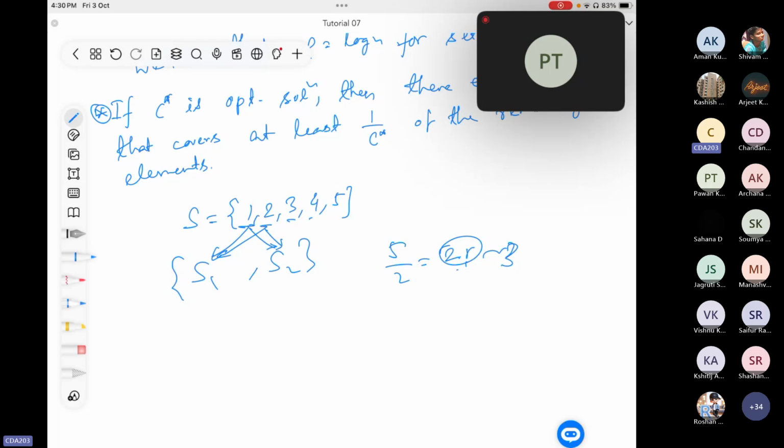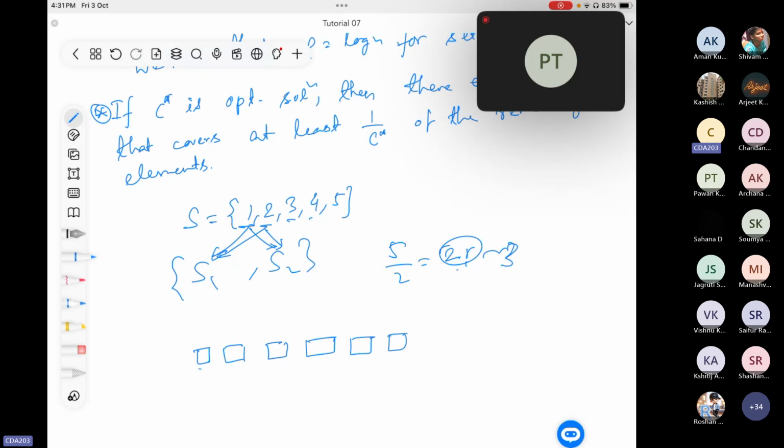Do you know about the pigeonhole principle? Okay, think about this. Think about spaces where a pigeon can stay.